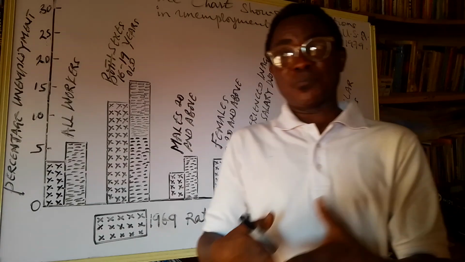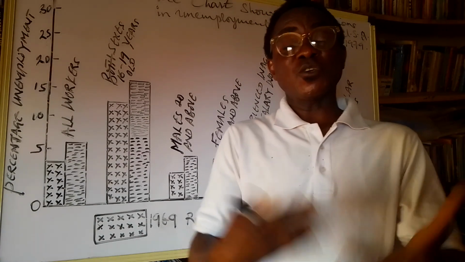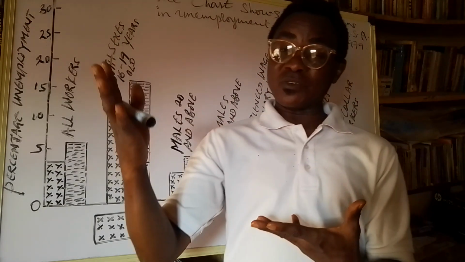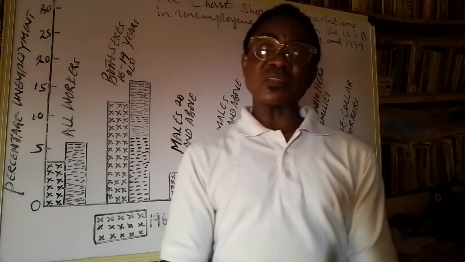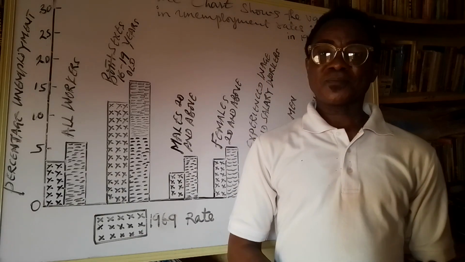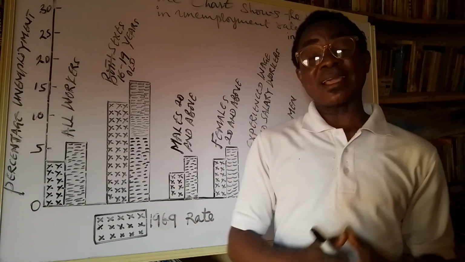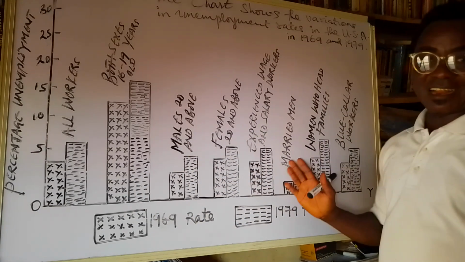This skill of comparison helps to shed more light on the analysis you are making, enabling your audience to understand which values are the highest, which values are the lowest, which values are intermediate, and how they are related or not related, as the case may be. So that is our analysis.